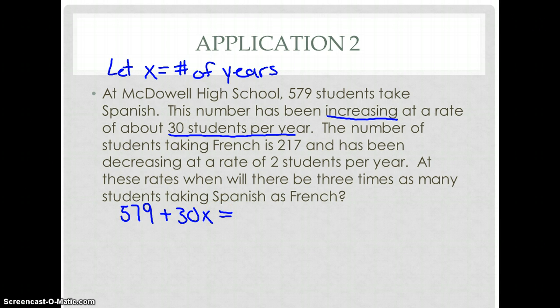Now the number of students taking French is 217. However, that's decreasing at a rate of 2 students per year. So this is minus 2x. So right now I have an equation that would tell me, if I solved it, when the number of students in Spanish would equal the number of students taking French.